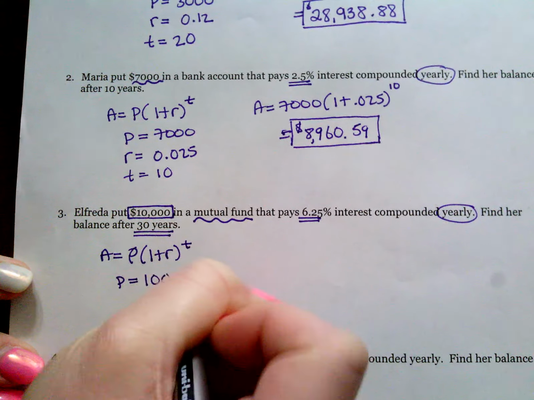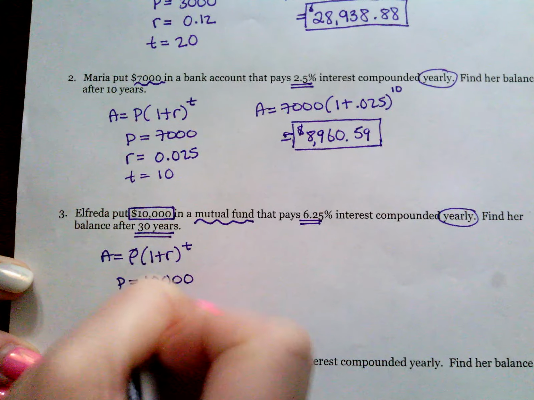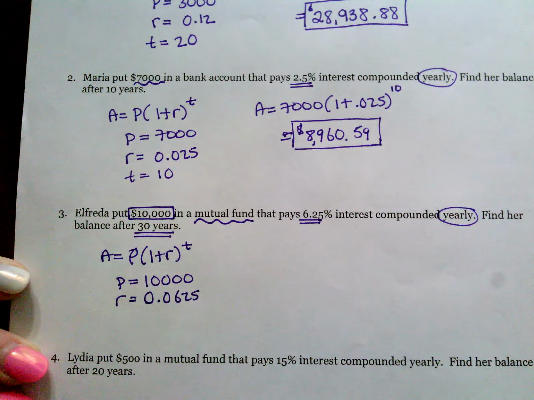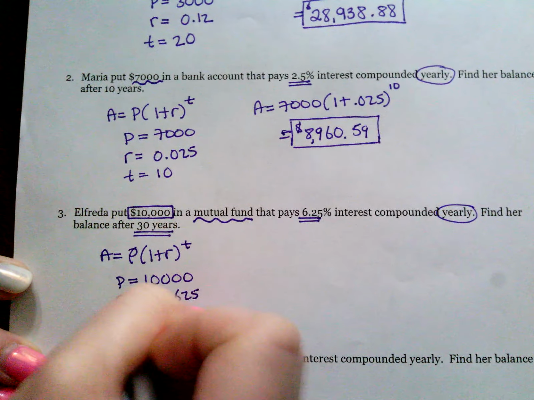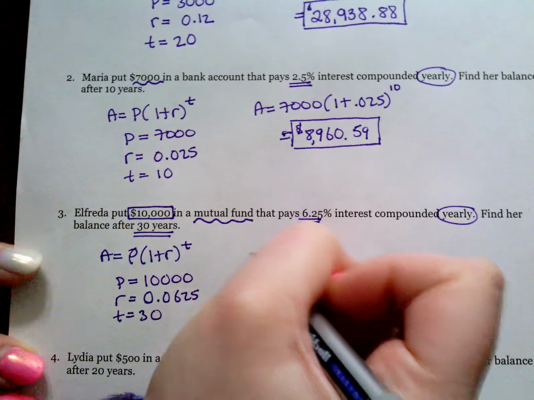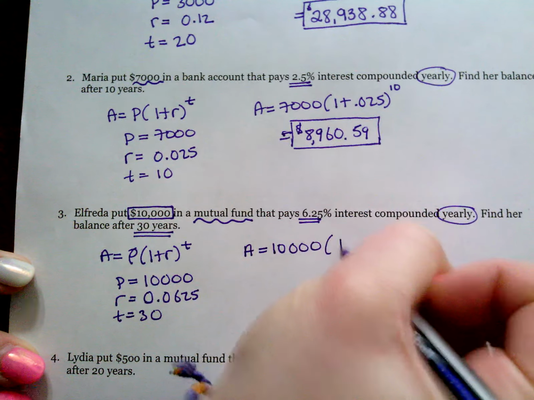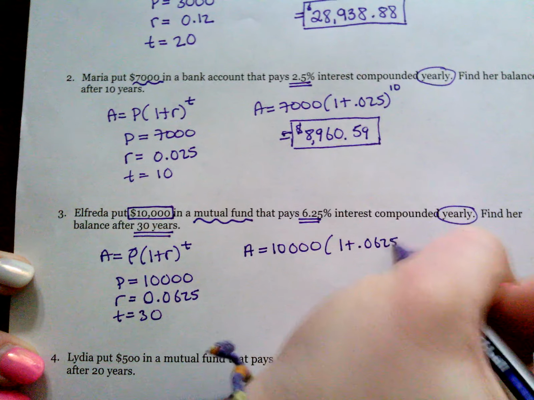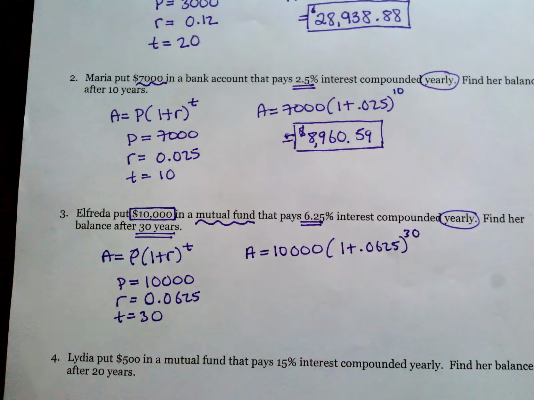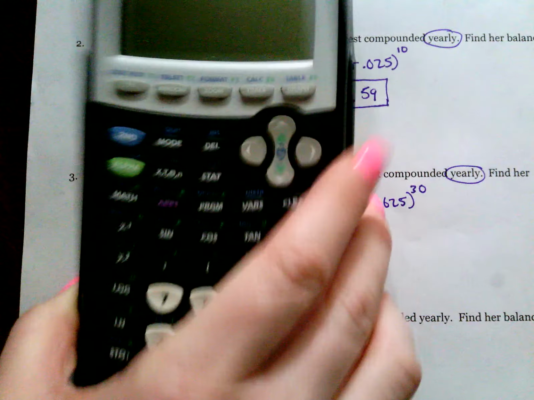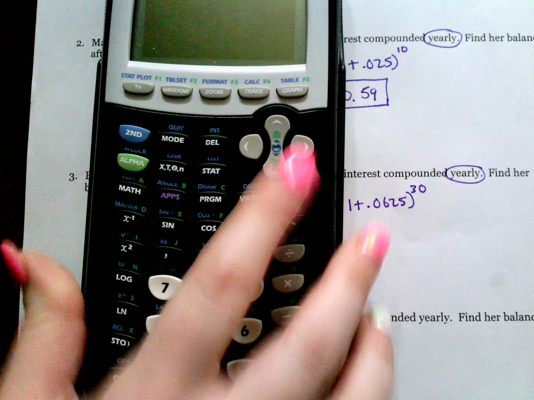She's really going to wait and see, which is good. 10,000 times 1 plus 0.0625 to the power of 30.